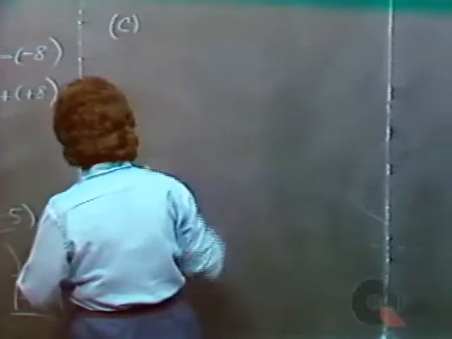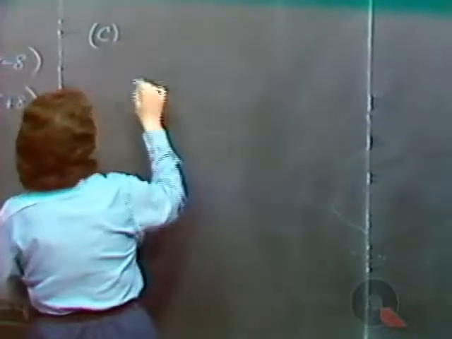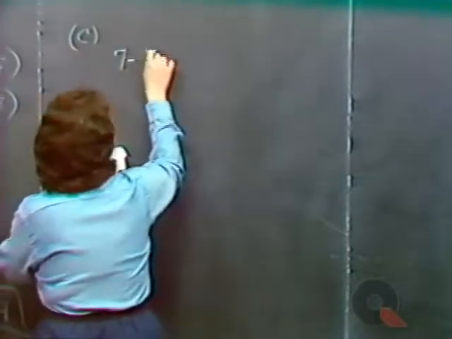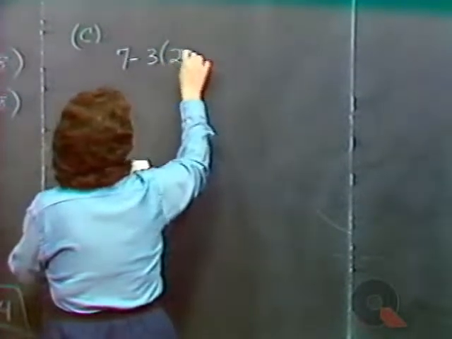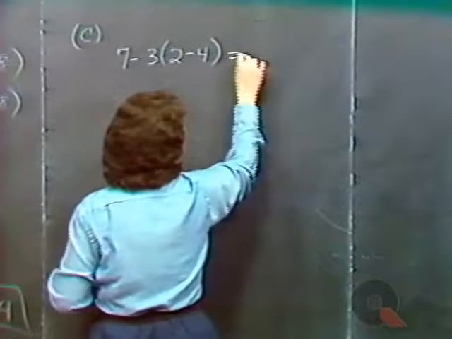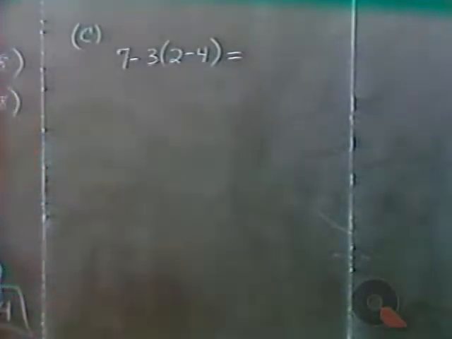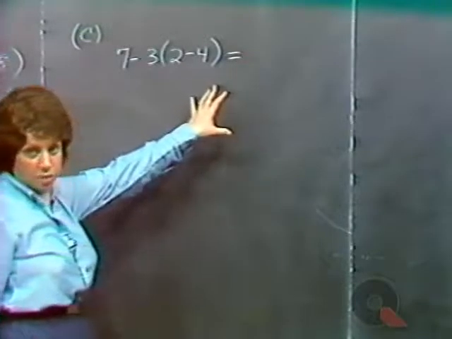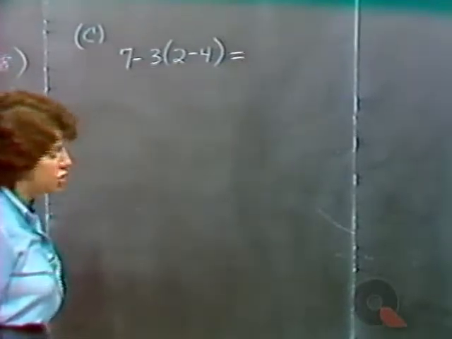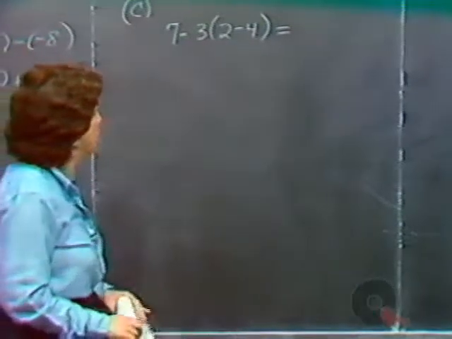In part C, we have the following. 7 minus 3, then in parentheses 2 minus 4. Order of operations dictates that first we handle anything that's in a grouping symbol, then multiplications and divisions precede additions and subtractions.